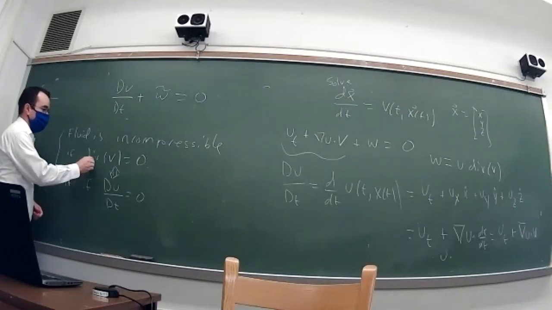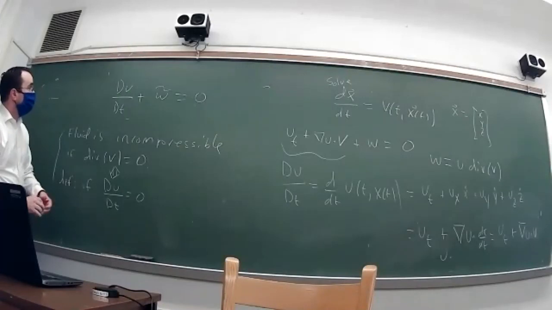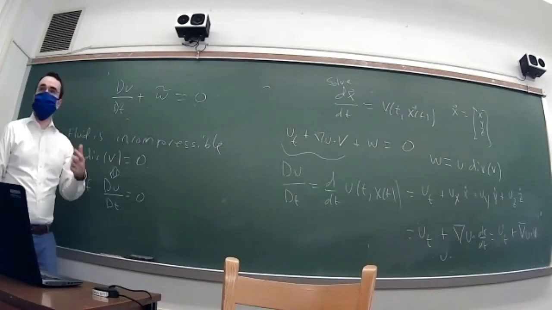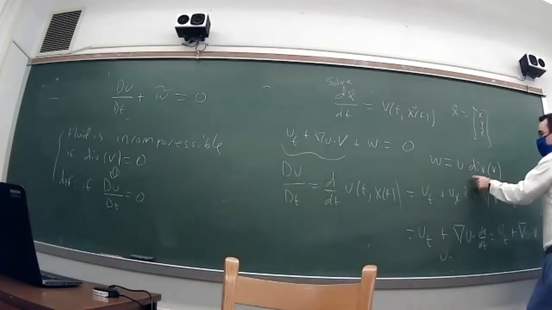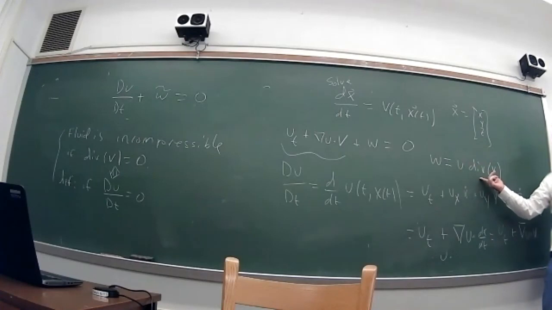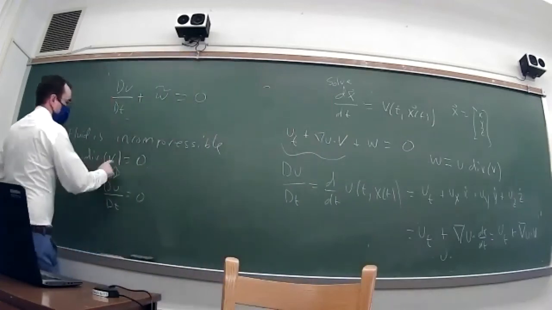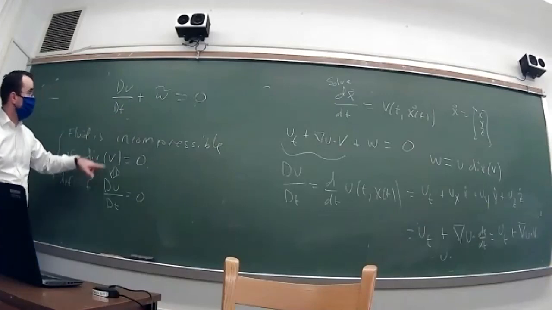And then I was telling you these two conditions are equivalent, and now you can see that they're equivalent because, on the one hand, if du dt is equal to 0, then w twiddle is equal to 0. But w twiddle is this quantity with x of t plugged into u. Nothing changes with divergence. So if this is 0 with x of t plugged in, then divergence of v is equal to 0. Conversely, if divergence of v is equal to 0, then w twiddle is equal to 0, and therefore this derivative is equal to 0.